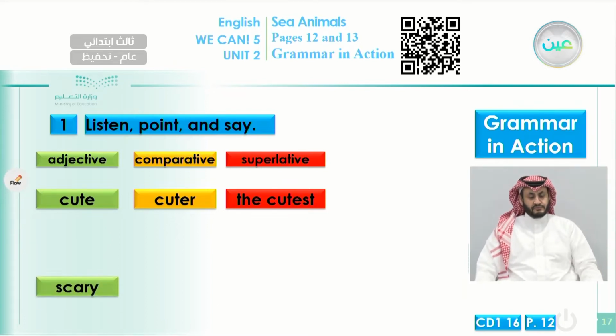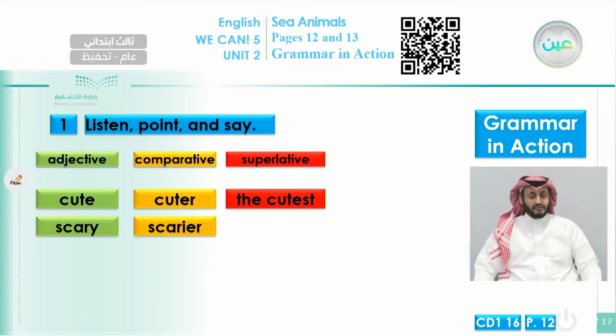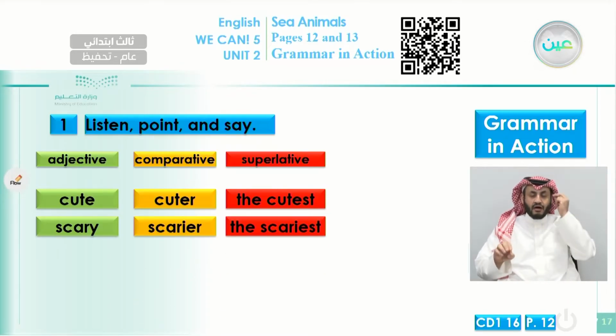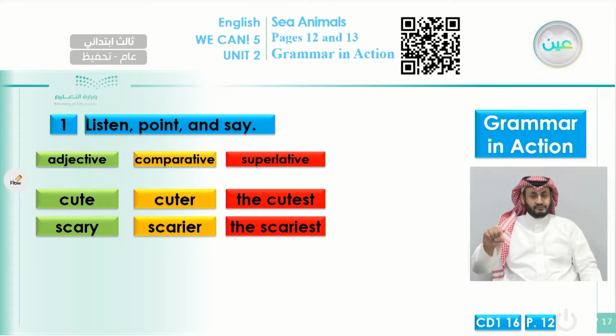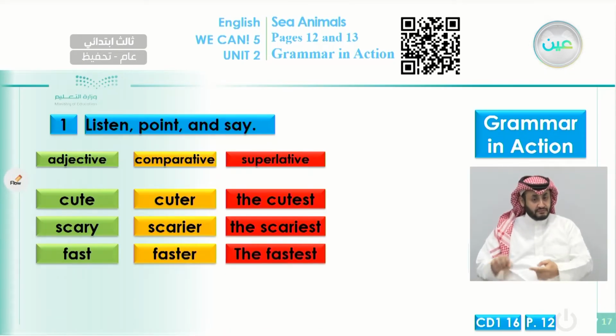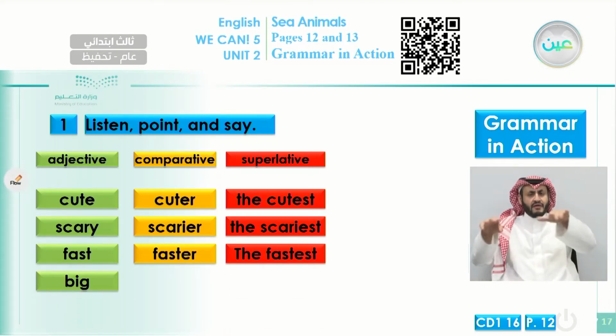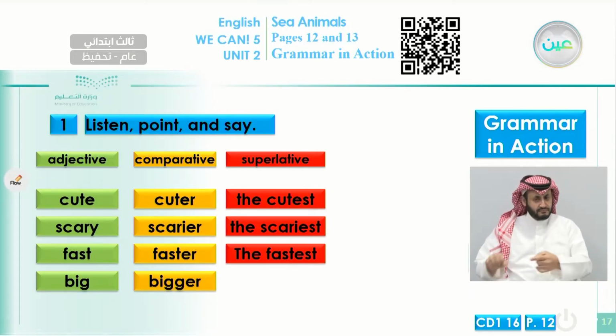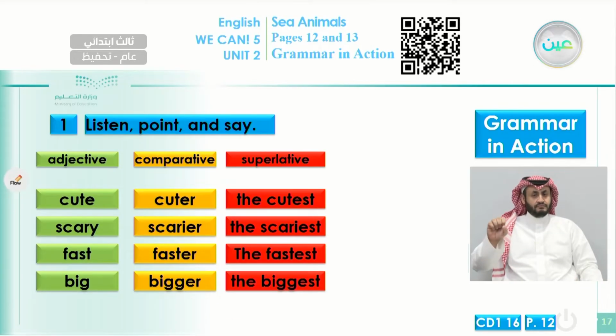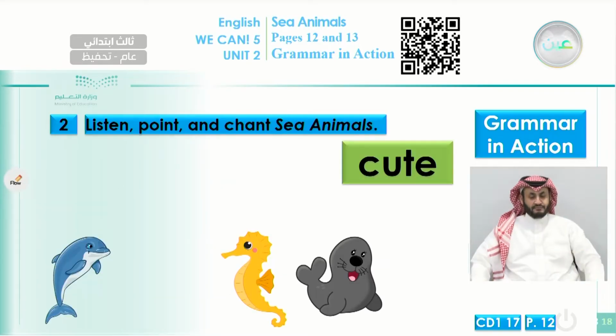The cutest. Okay, another adjective like scary here, we say scarier than. Okay, and the superlative form is the scariest. We will come to more examples to understand this more. Fast, we can say faster, and the fastest. Okay, big, we do the same. We add er, we can say here bigger, and the superlative we can say the biggest.